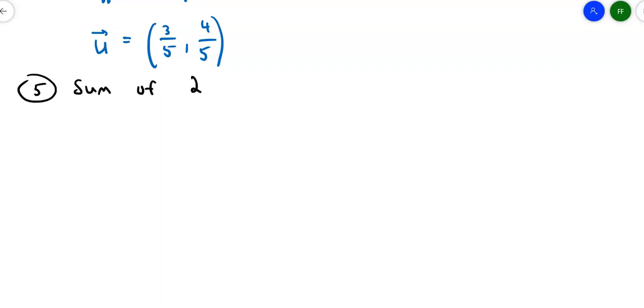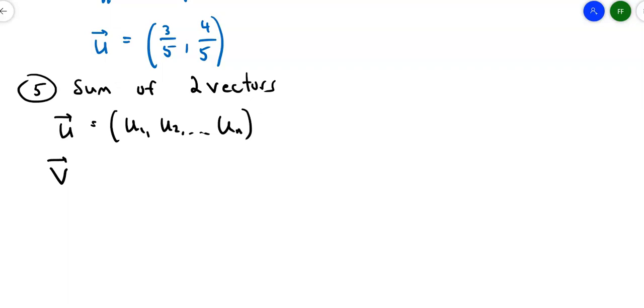So I want the sum of two vectors. Suppose I've got vector 1, I'll call that u, and it has components u1, u2, all the way to u sub n, and vector v has components v1, v2, all the way to v sub n. Then the sum of vector u plus vector v is just the sum component by component.